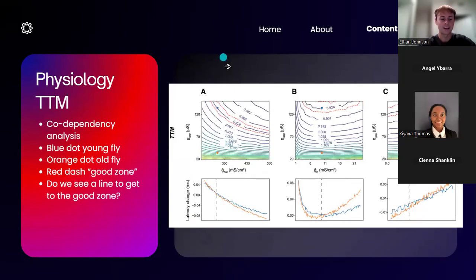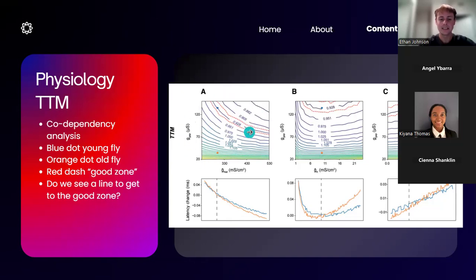Now, I'm not gonna lie, these figures are kind of confusing at first, but don't get discouraged. They're called codependency analysis. So like we talked about earlier, we're looking at two different features and seeing which one describes how we can find the escape response latency better. Which one is more important, you could say.